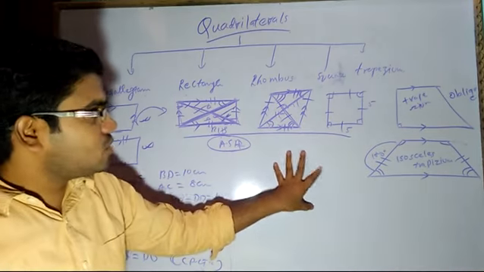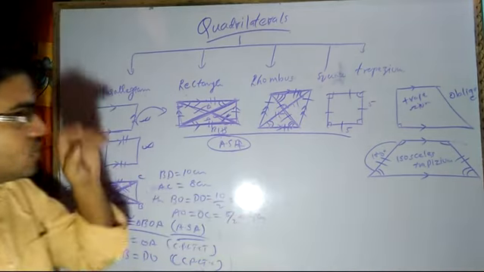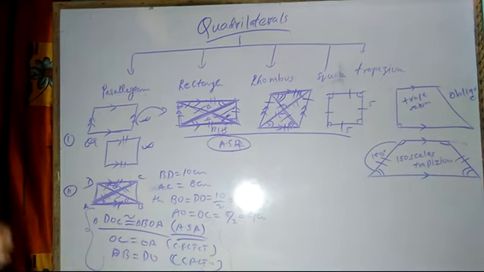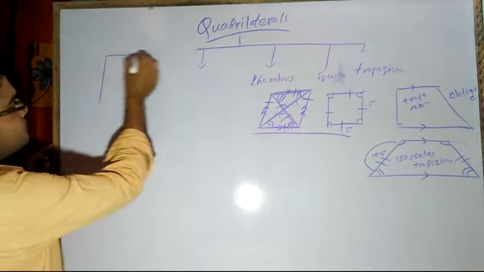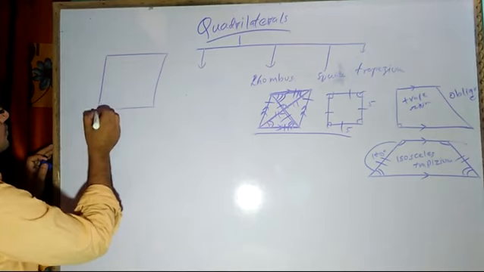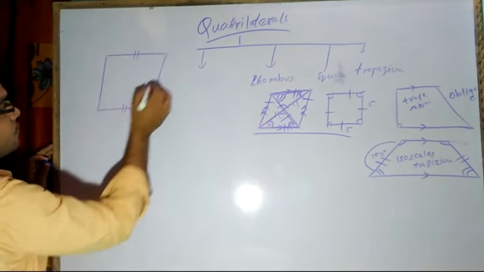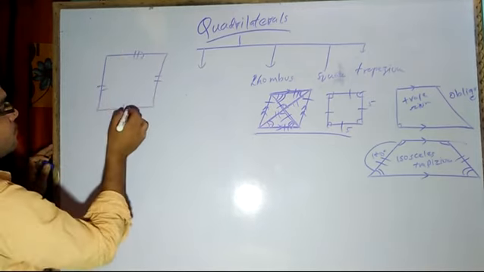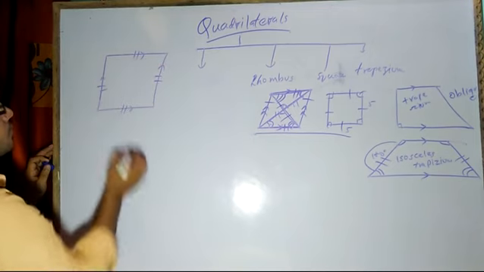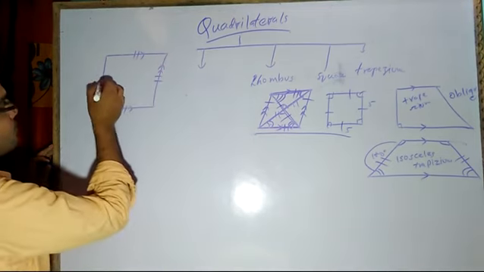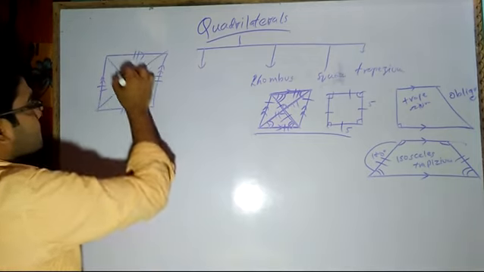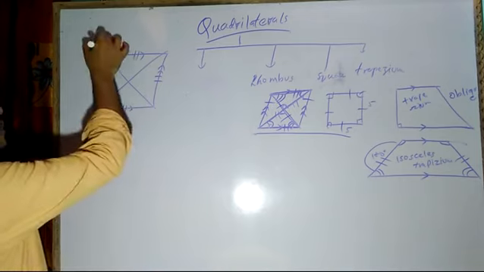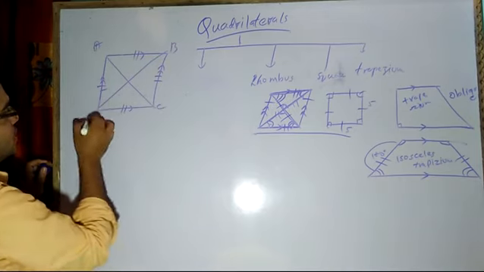I need some space so that I can make you understand, so let me erase this part and make a fresh diagram of rhombus. Suppose I have A, B, C, D.